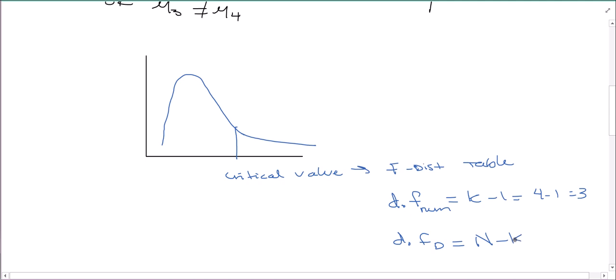N minus k, sorry, not n minus 1, where n is the sum of the samples, and k is the number of samples that we have. So what were the sample sizes of each? Let's go back to StatCrunch and see.